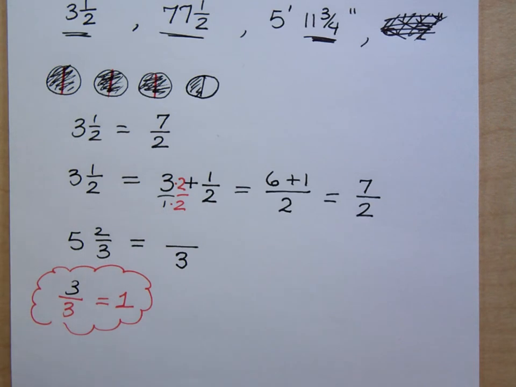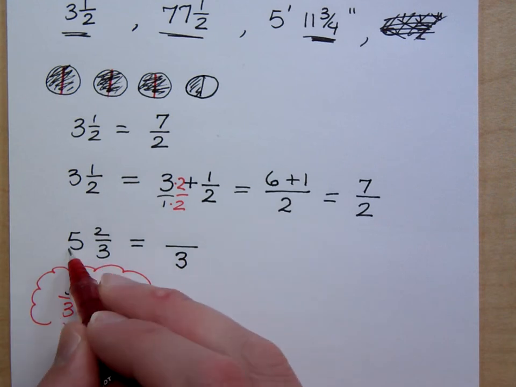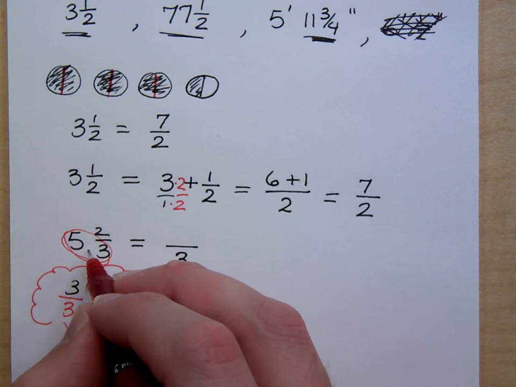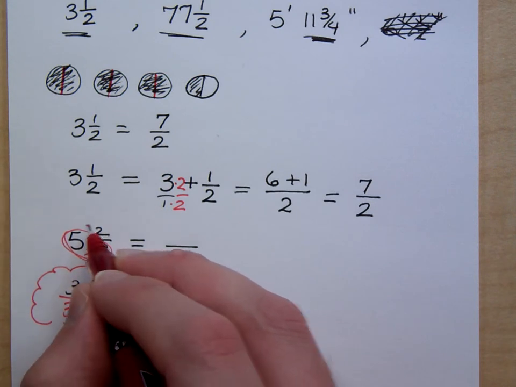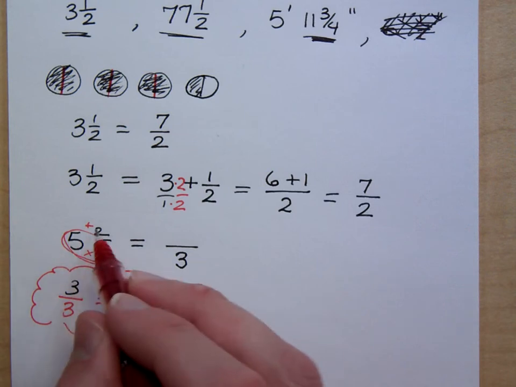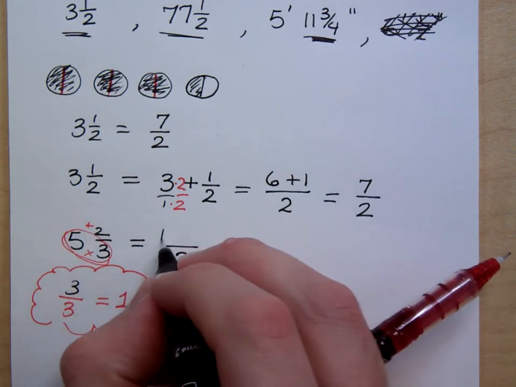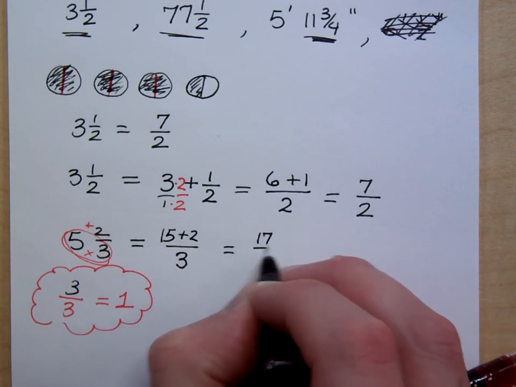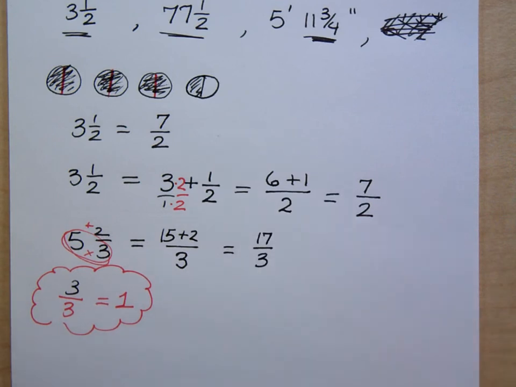So if I have 5, then how many thirds would I have in 5 units? 15. I'd have 15, right? How do you get that? What's the easy way? 3 times 5. Do 3 times 5, multiply this, and then add the 2. You have 15 plus 2, and that would give you 17 thirds.